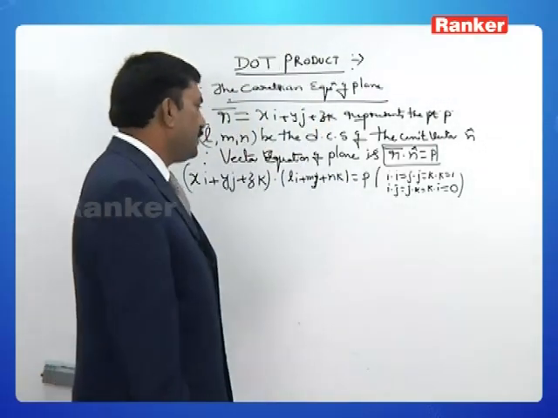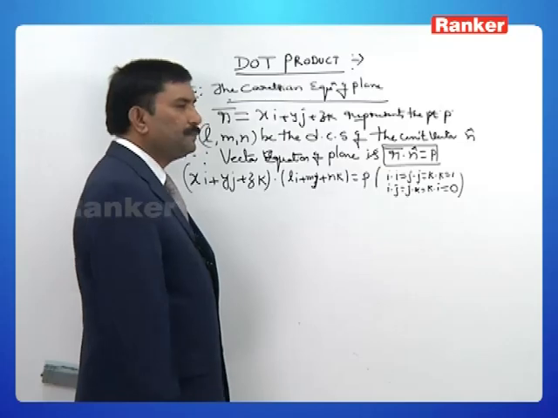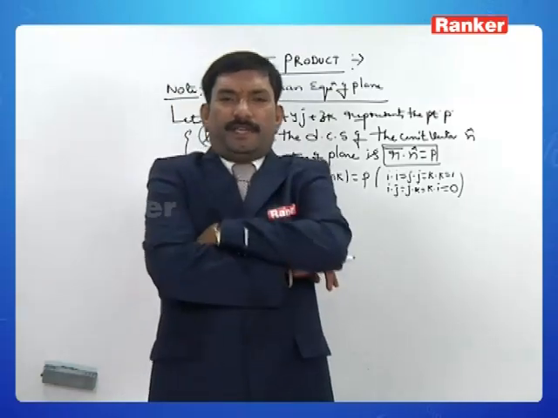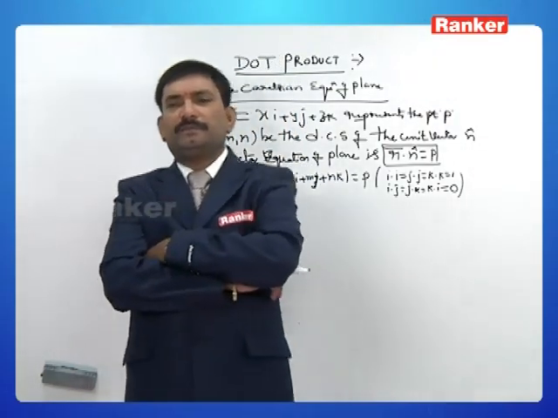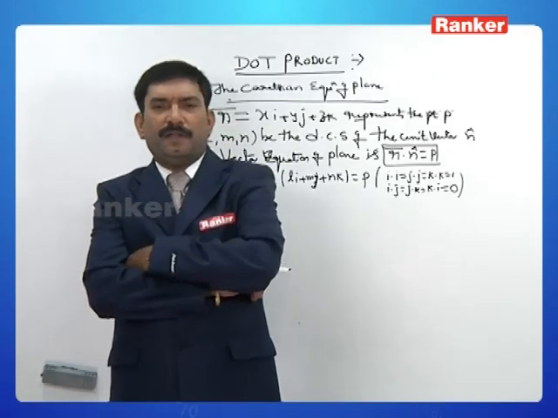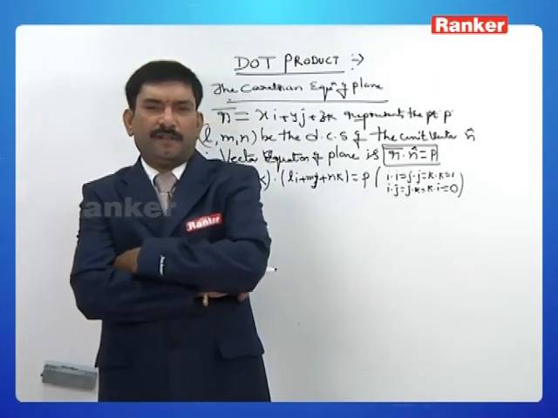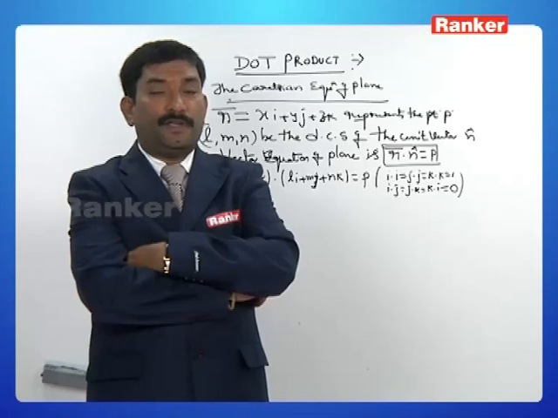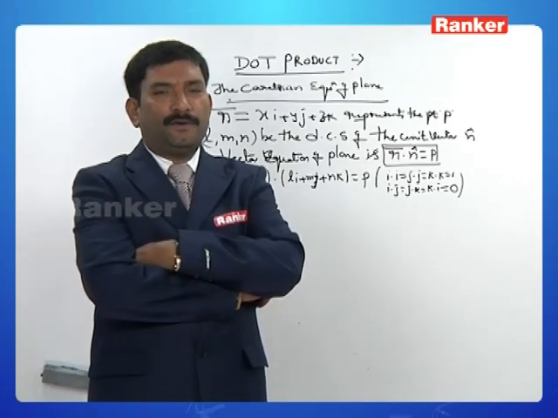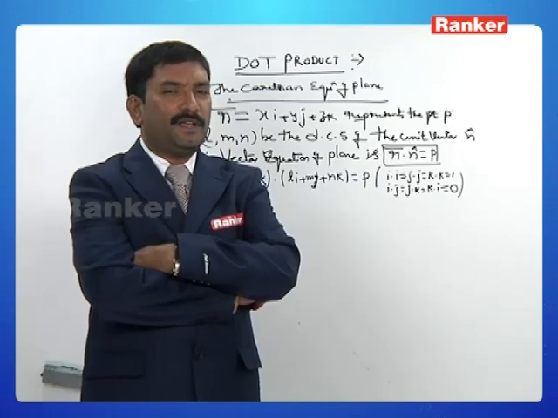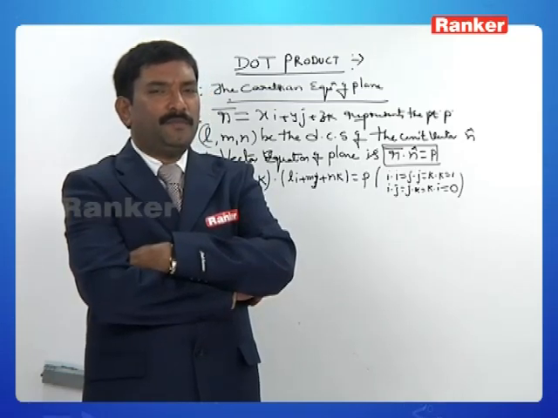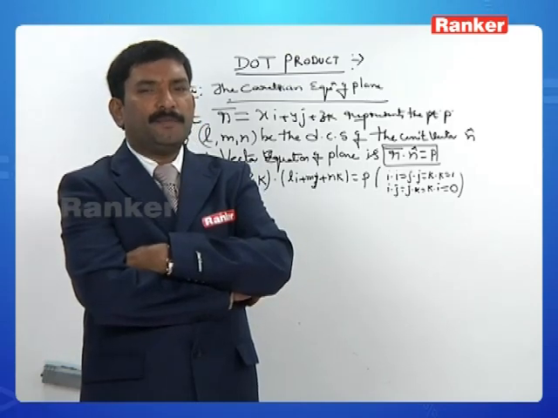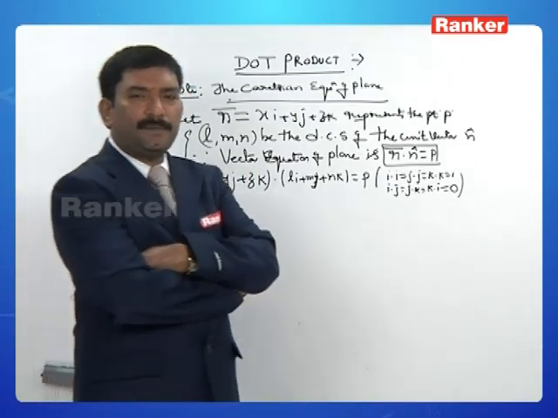With the help of that, and also I told, if A bar is equal to A1 i plus A2 j plus A3 k, B bar is equal to B1 i plus B2 j plus B3 k, we know that A bar dot B bar, without giving an angle, we discussed already, A bar dot B bar is equal to A1 B1 plus A2 B2 plus A3 B3.